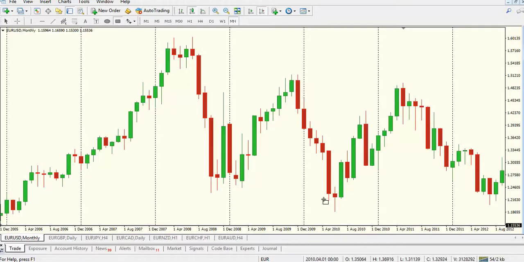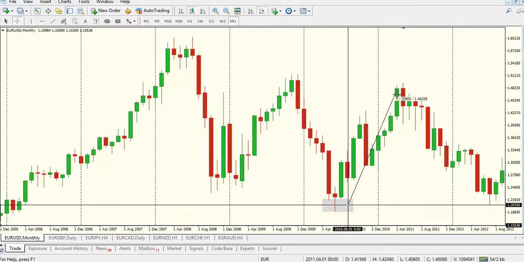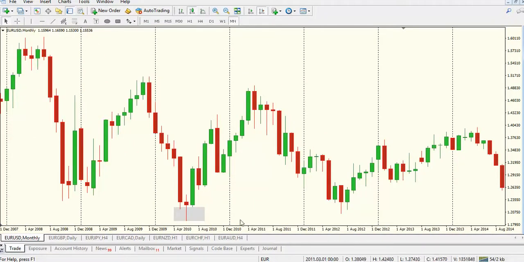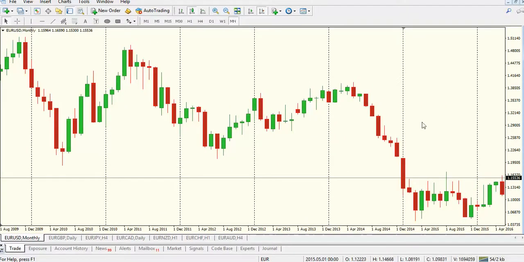In the same vein, when this low was formed, we saw prices going up. In that order. When this high was formed, 1, 2, 3, we saw prices coming down. When this low was formed, we saw prices going up. In that order.